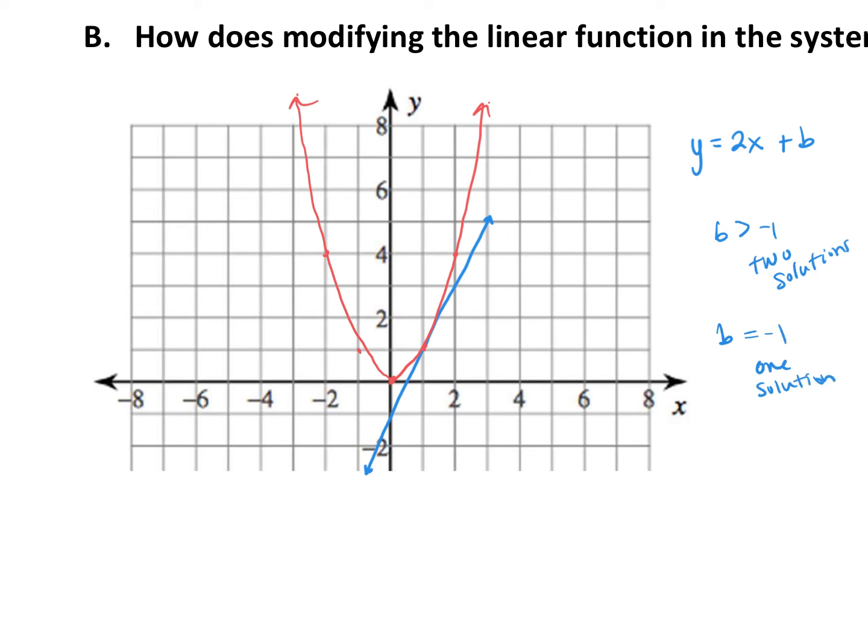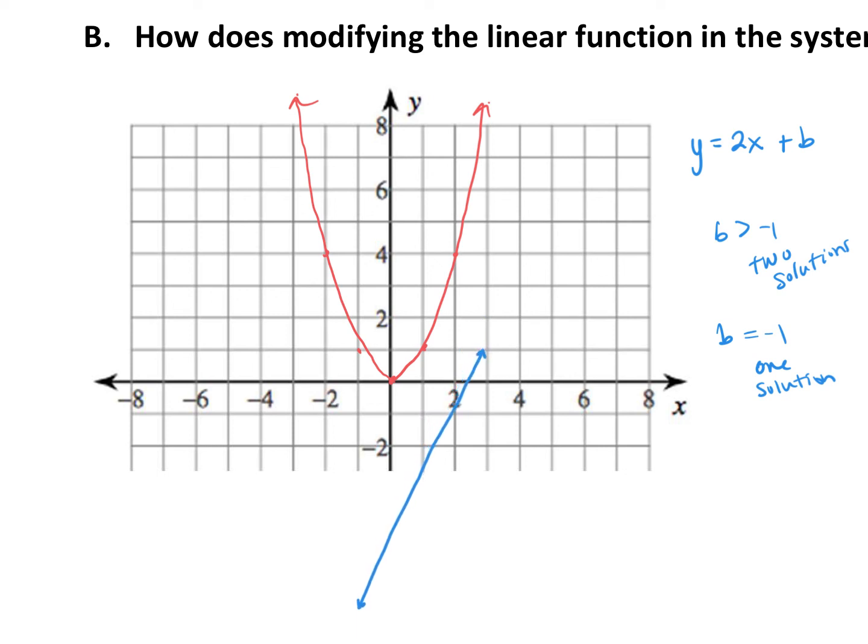And what happens if I move that line down? When we move the line down, we are no longer crossing the parabola. So here my y-intercept is at -1. I'm going to move down so the y-intercept, that b value, is -2. I have no intersection points. My b value is -3, no intersection points.